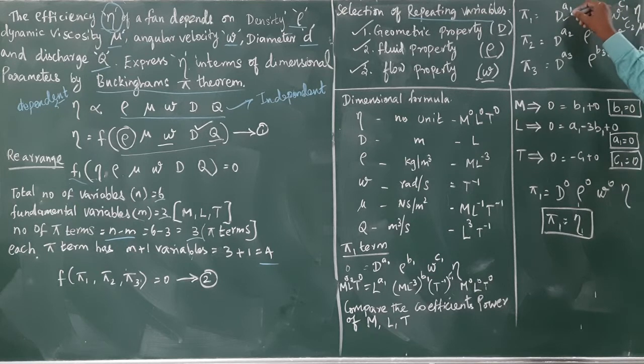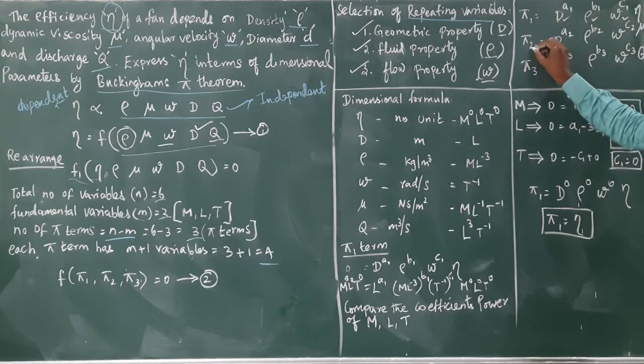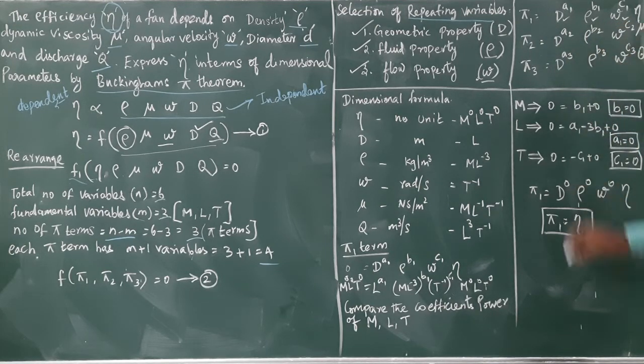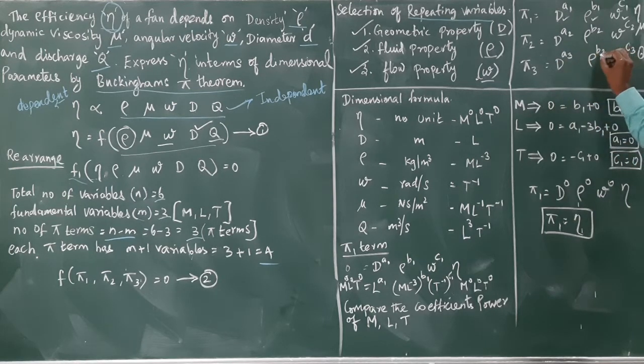Next, I am introducing the powers. Powers for pi 1 is a1, b1 and c1. Then powers for pi 2 term is a2, b2 and c2. Next, pi 3 term is a3, b3 and c3.